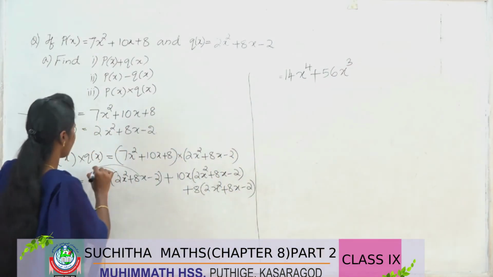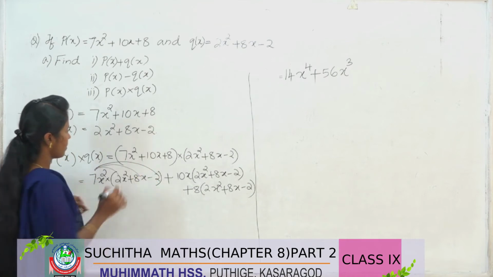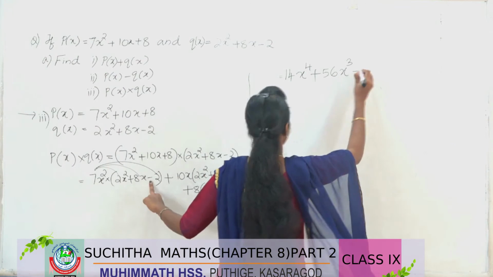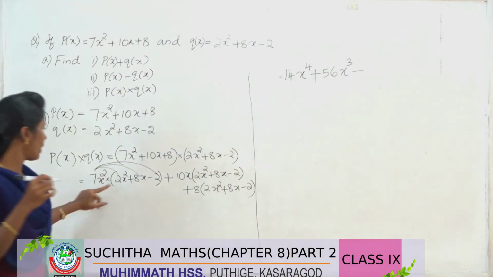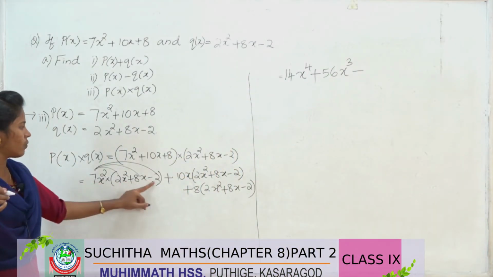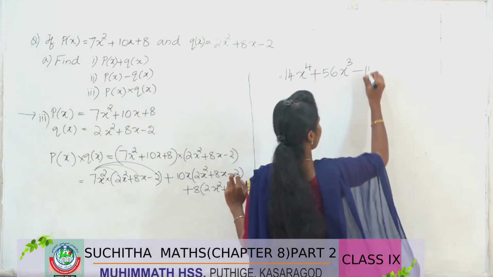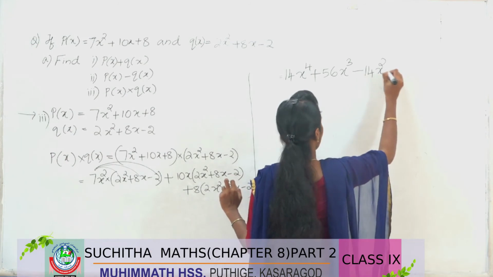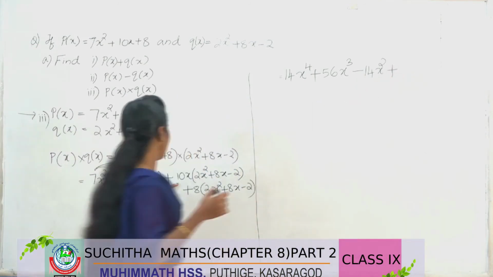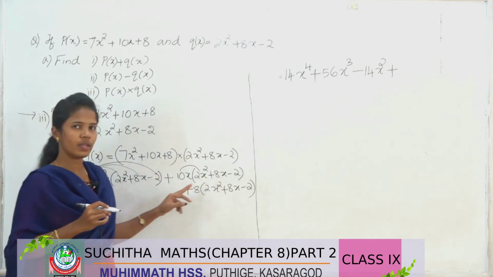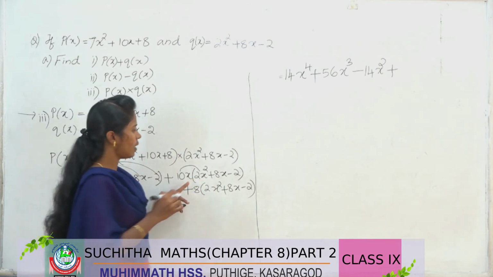Then here the sign is minus. So minus 7x square into 2. 7 into 2 is 14, 14 into x square, 14x square. Plus, then the next one, 10x into 2x square. 10 into 2, 20.